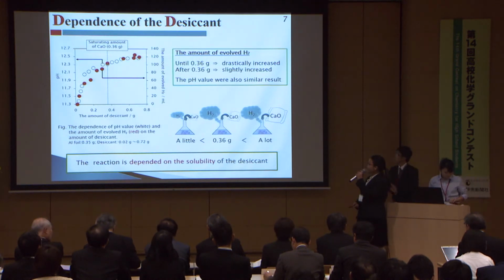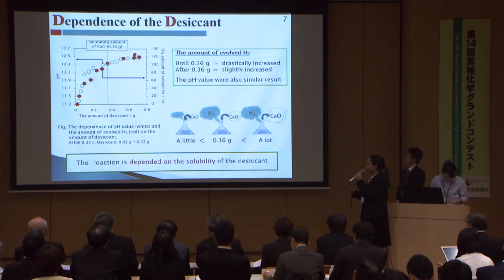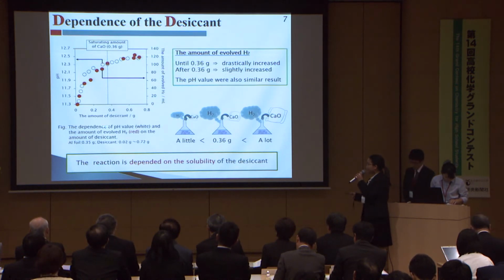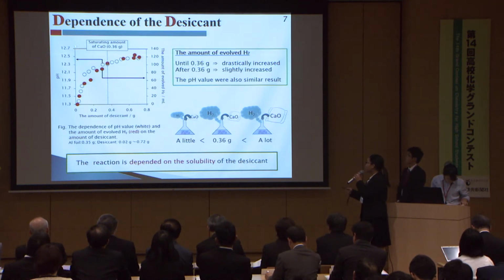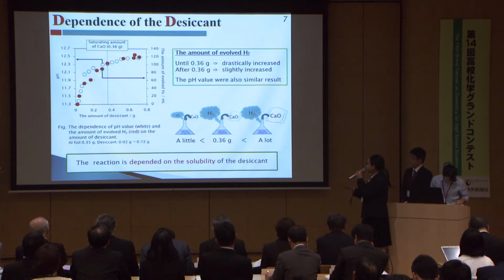Next, we examined the dependence of the evolved hydrogen on the descant. This figure shows the dependence of pH value and the amount of evolved H2 on the amount of descant. White plot indicates the pH value. Red plot indicates the amount of evolved H2. Increasing the descant usage, evolved hydrogen dramatically increased until 0.36 grams of descant was used.